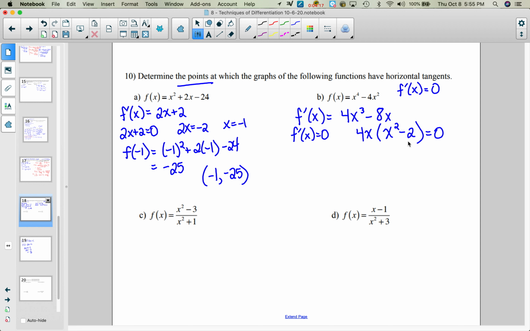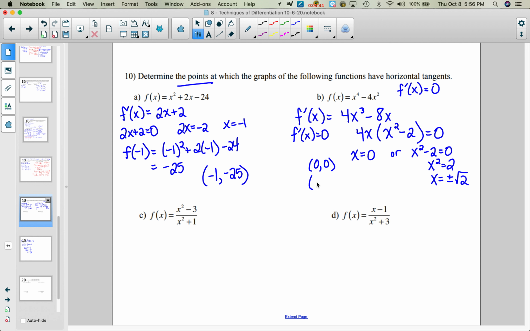Obviously 4 is not 0, but it's already factored. So x equals 0, or x squared minus 2 equals 0. Here we get x squared equals 2, so x equals plus or minus the square root of 2. Now, we would have to find the y values. So I know it's going to be 0, 0.